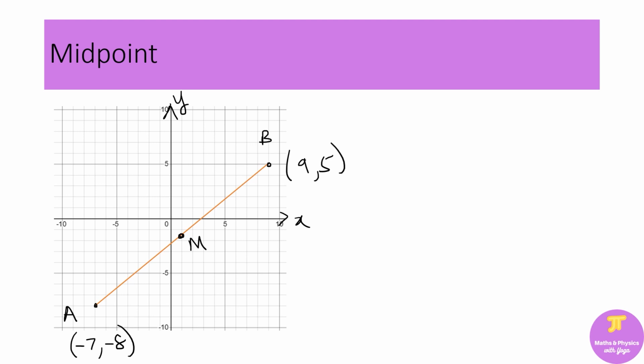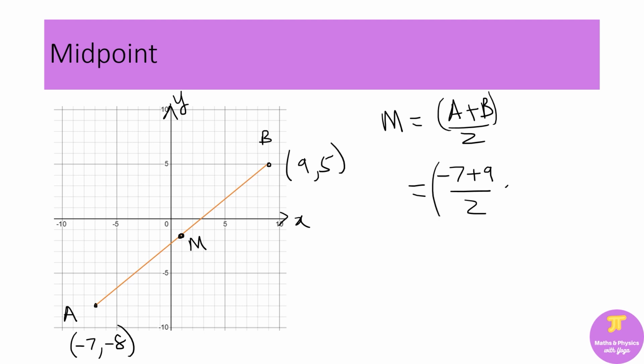There's a straightforward way to find the coordinates of M, because it's nothing but the coordinates of A plus B divided by 2. To find the x coordinate of M, we add the x coordinates of A and B, which is -7 plus 9, divided by 2.